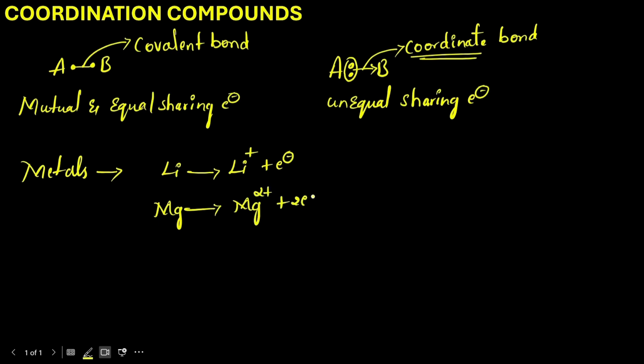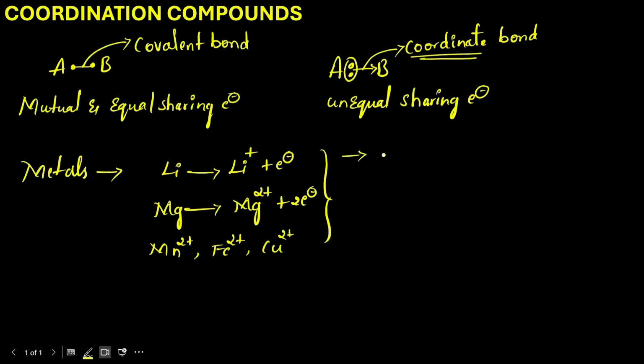Likewise, Mn2+, Fe2+, Cu2+. So metals are electropositive in nature. This indicates metals have a tendency to lose electrons and become positive ions.